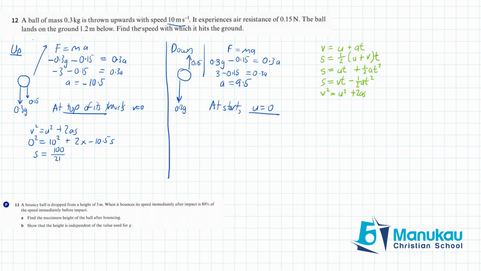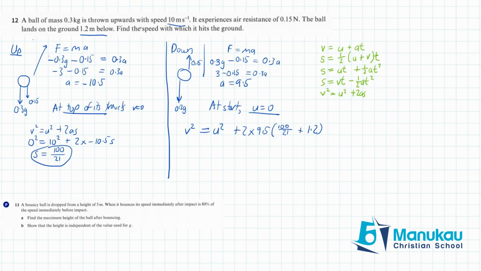So we want to know v, the speed at which it hits the ground, which is going to be equal to u squared plus 2 times 9.5, and now we know s, it's what we found in the first bit plus the amount that we are off the ground in the first place, which is 1.2 according to the question, right? So we threw it up, we were 1.2 above the ground. So I found out how much it went up above where we started, and then I'm adding the 1.2 onto it.